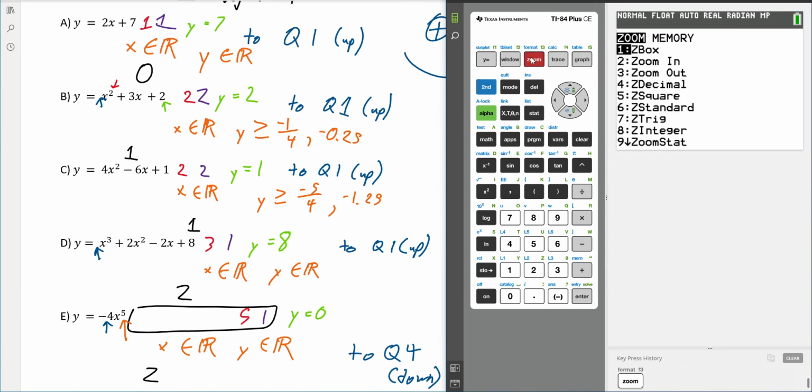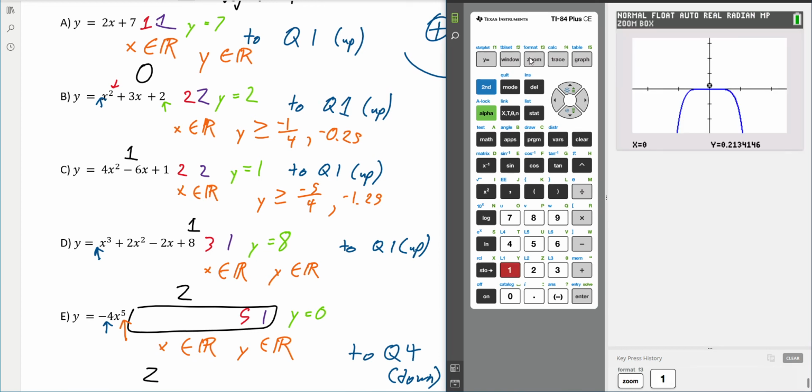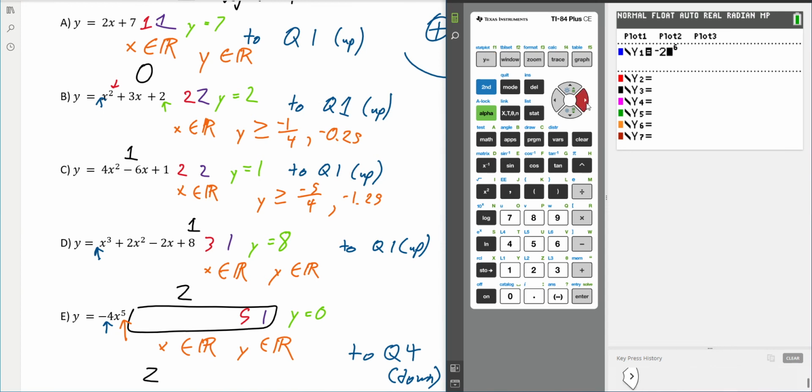Graph. Excuse me. Oh, I guess I have to put more values in. Plus x squared plus x minus 4. Is that going to work?